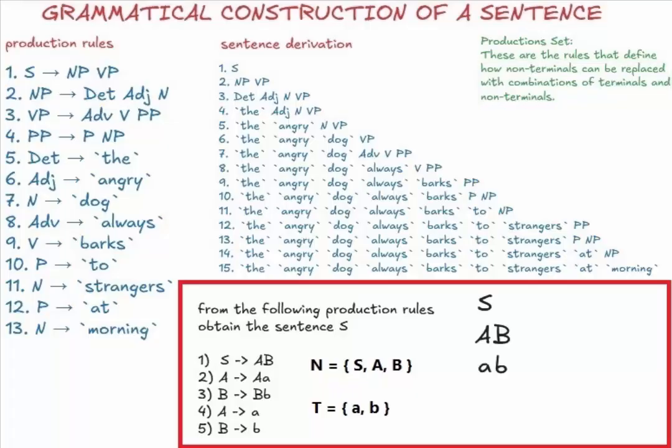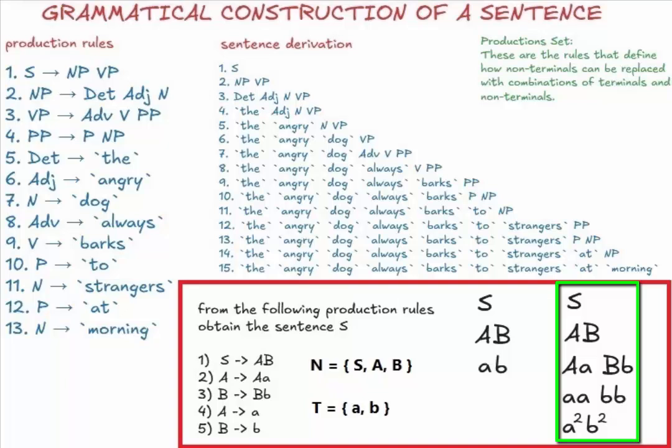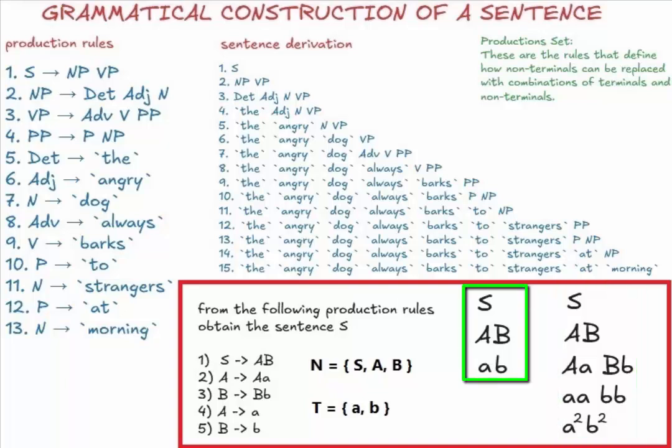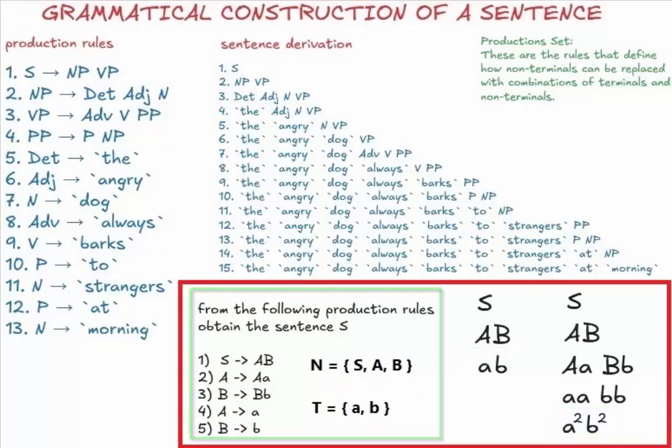Because there is no specific order for applying the rules, a single grammar may produce multiple derivations. For example, in this case, we apply rules 1, 4, and 5, respectively. By applying rules 2 and 3, we obtain this other sentence, but both were obtained from the same grammar.